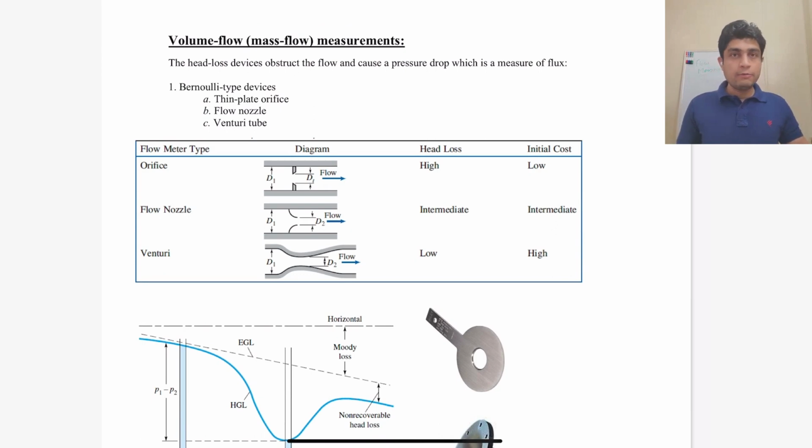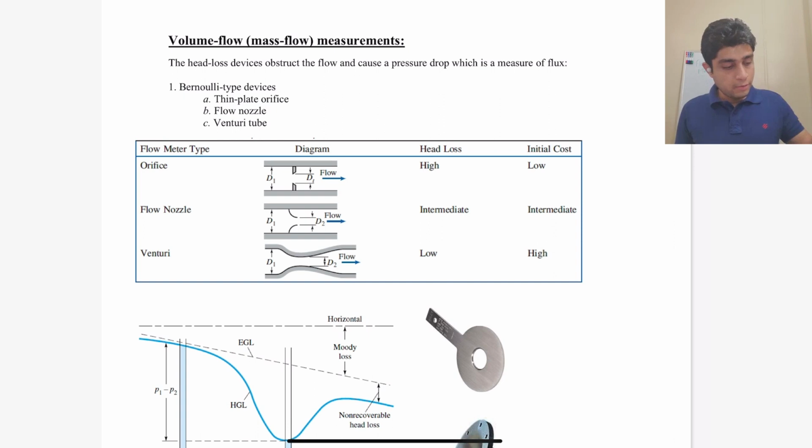So to measure the flow rate, we employ indirect methods. So we don't directly measure the volume and then divide it by the time it required to pass that volume, because that would be again very cumbersome to do.